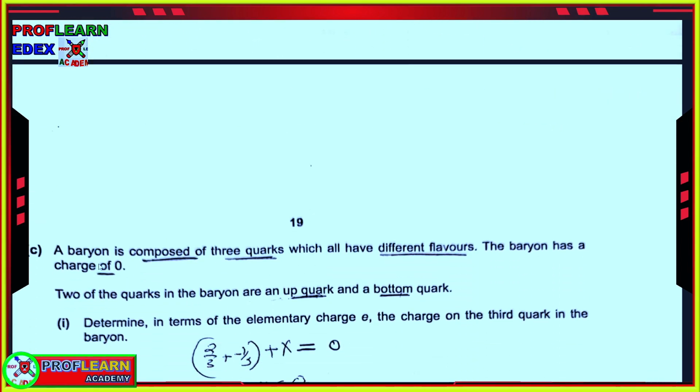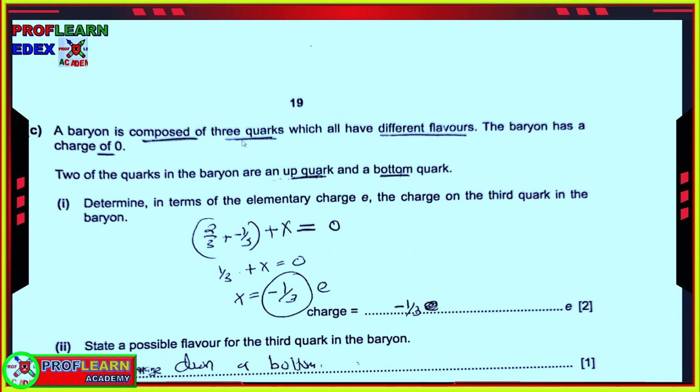So baryon is composed of 3 quarks which all have different flavors. We said baryon is a type of hadron that is made of 3 quarks, but we have meson.